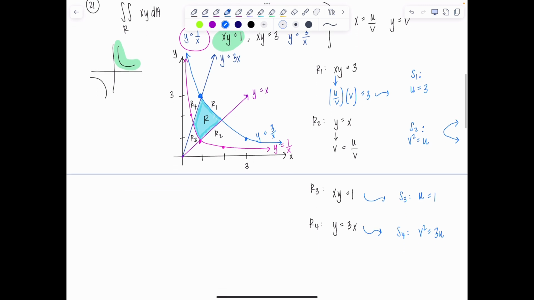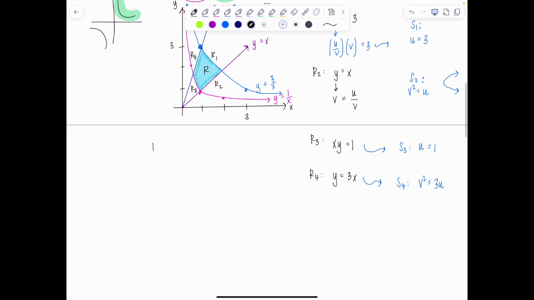Okay, so let's graph it now. We've determined we're in quadrant 1, not 4, because we used the positive values for the other graph. Okay, uv. Let's see. Same thing: 1, 2, 3, and 1, 2, 3.